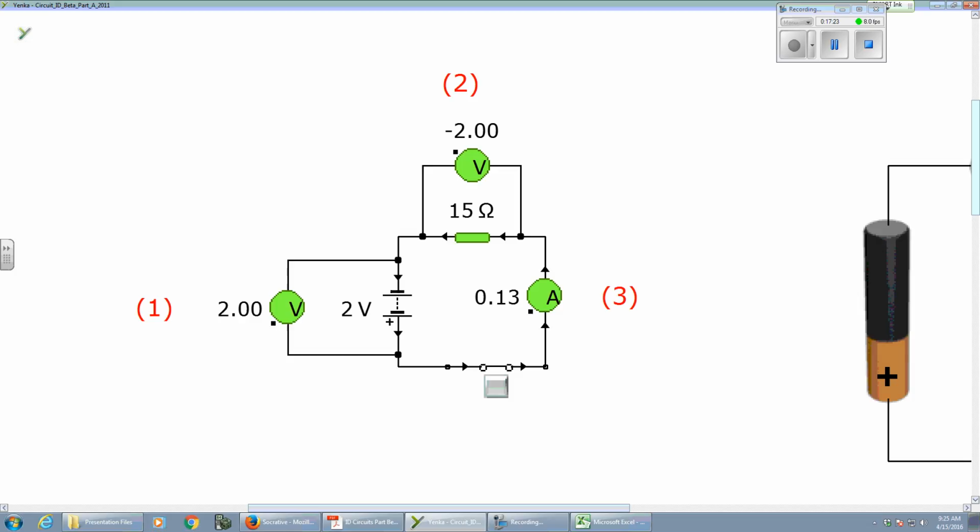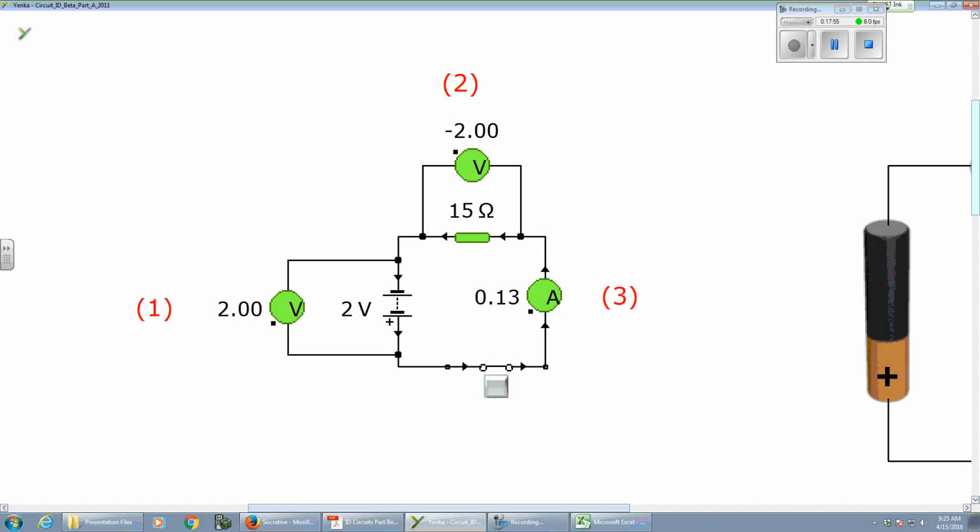And that's how resistors use energy. They use it and make it into heat. All right? So this 15 ohm resistor is using 2 volts per coulomb, 2 joules per coulomb, which is actually what a volt is, of energy as these electrons move through. The only place for it to lose it, so it has to lose it all there.